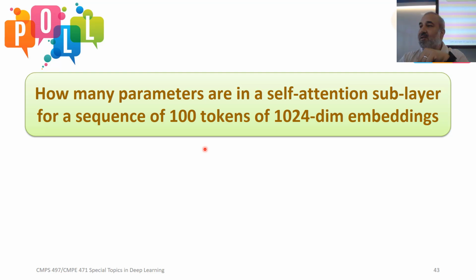How about the size of the bias vector? 1024 by 1 only, right? It's a vector bias. So the matrix is 1024 by 1024, and the bias is just one vector. It's 1024 because we convert from 1024 to 1024, right?